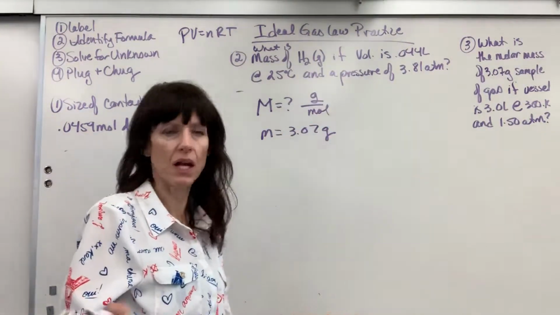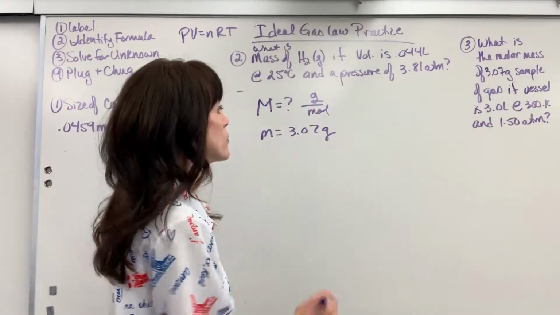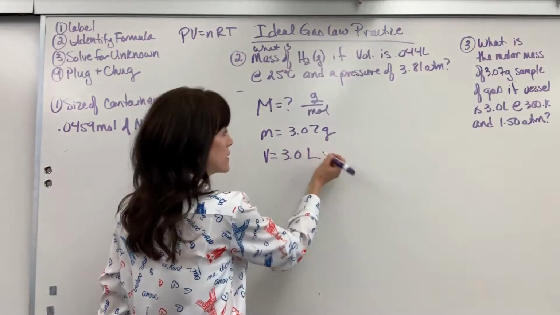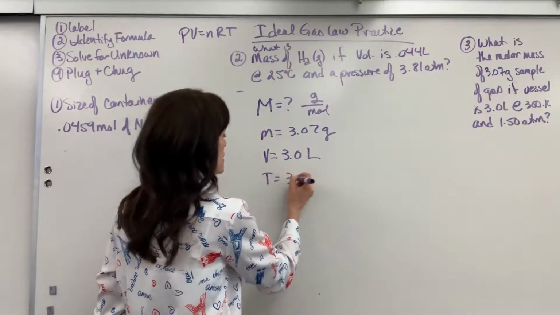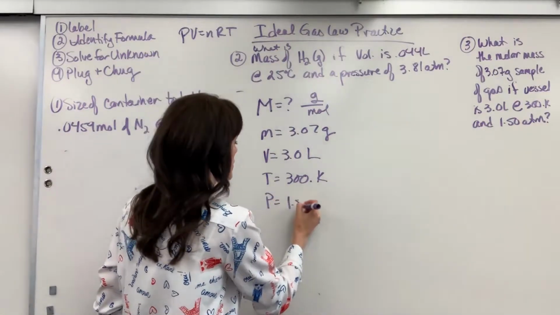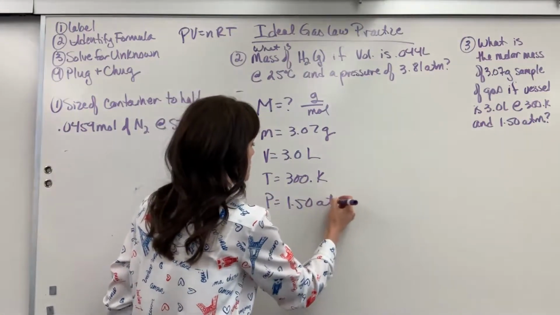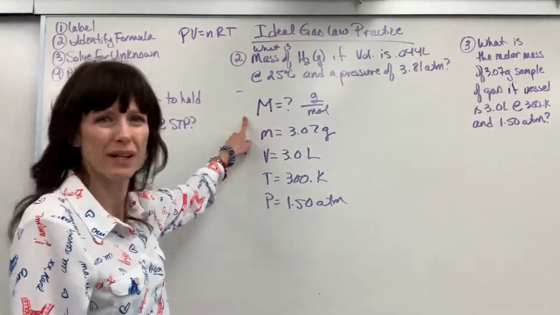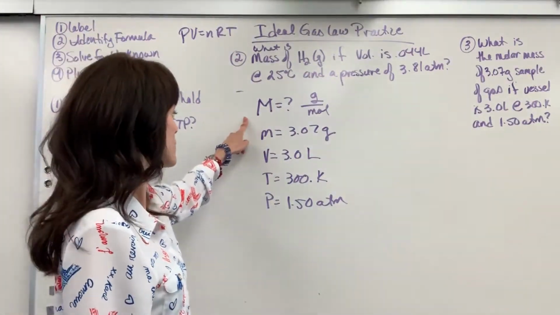Let's label everything else that they gave us. We have a volume of 3.0 liters, a temperature of 300 Kelvin, and a pressure of 1.5 ATM. Okay, great. I have everything labeled, but I'm still kind of chewing on this. How can I get molar mass?